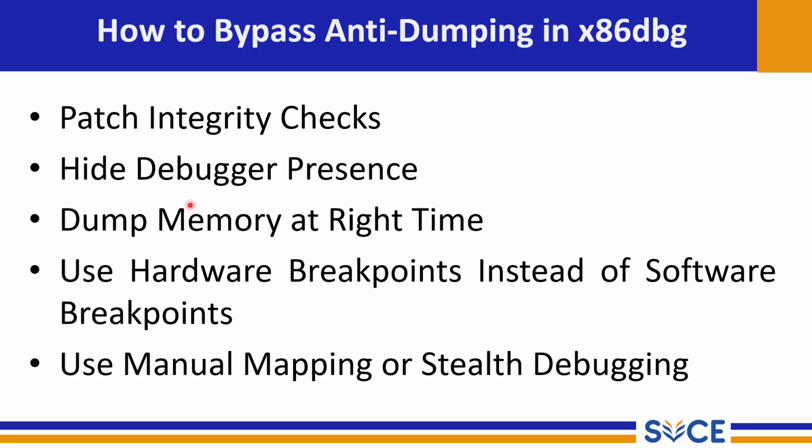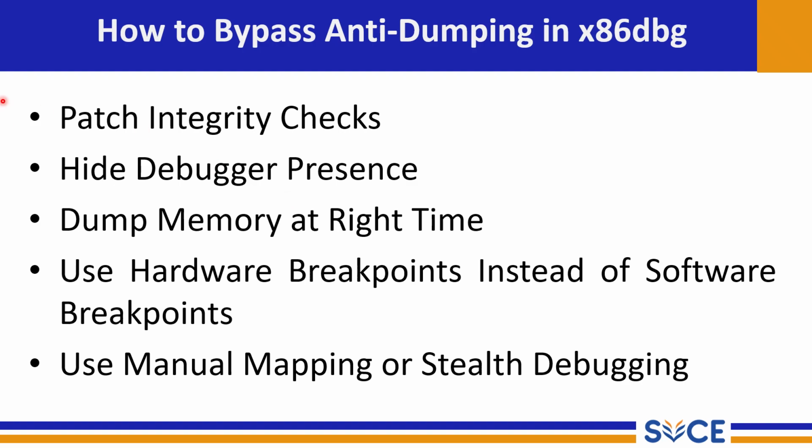Find the integrity check routine and patch the code to bypass it or always return a valid integrity result. Second, hide debugger presence. Use a plugin or patch the API called IsDebuggerPresent to return false. And use x86 DBG's built-in anti-debugging plugins.